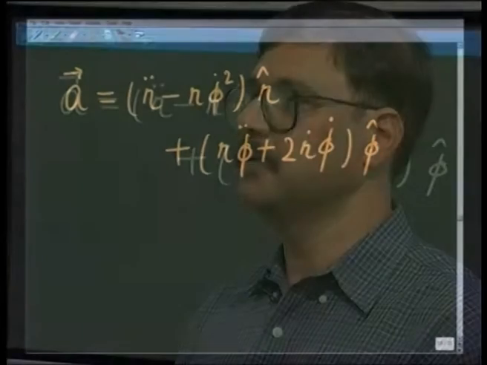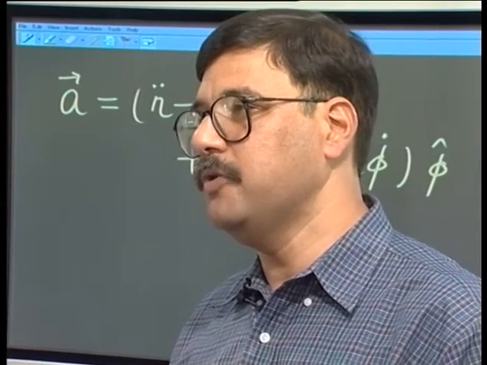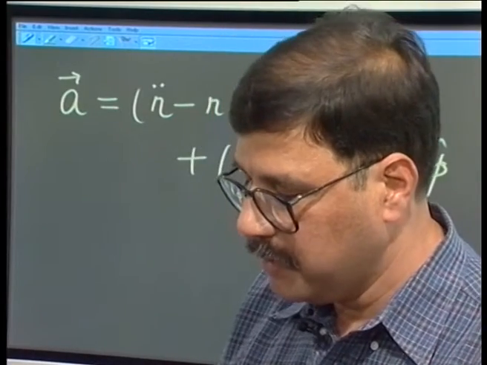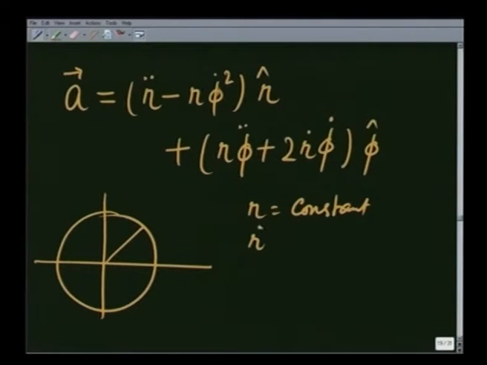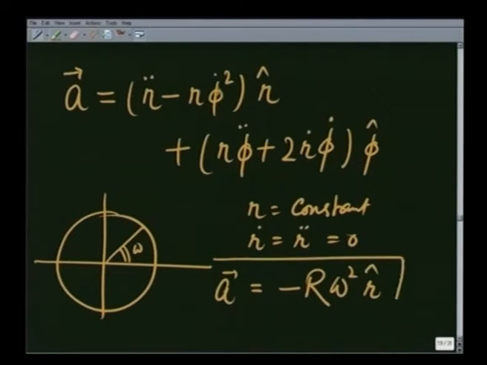This relationship looks quite complicated, but let me give you again a familiar example of a particle moving in a circle, for which r is constant, and therefore r dot is equal to r double dot is equal to 0. If it is moving with constant angular velocity omega, then A comes out to be minus the radius of the circle times omega square r, which is your familiar centripetal acceleration.